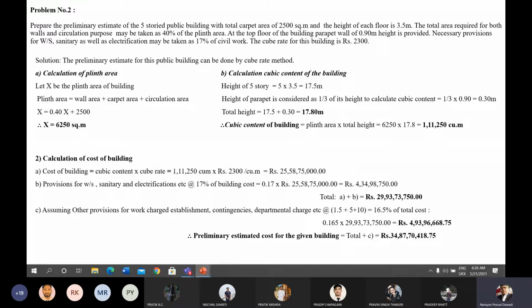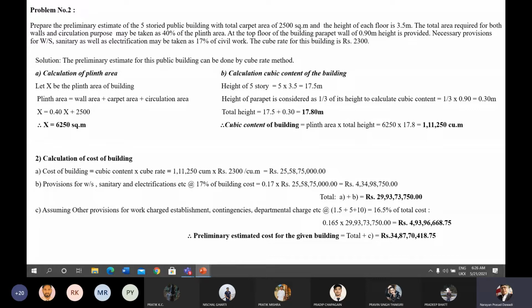Now plinth area is calculated as X = 0.40X + 2500, because plinth area is wall area plus circulation area plus carpet area. Wall area plus circulation area altogether is 0.40X, and the carpet area is given as 2500 square meter. The plinth area will be 6250 square meter.